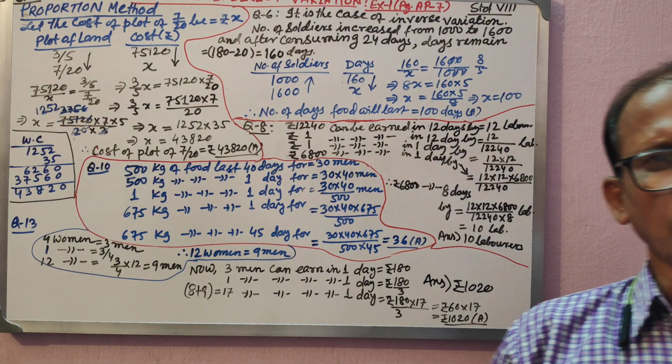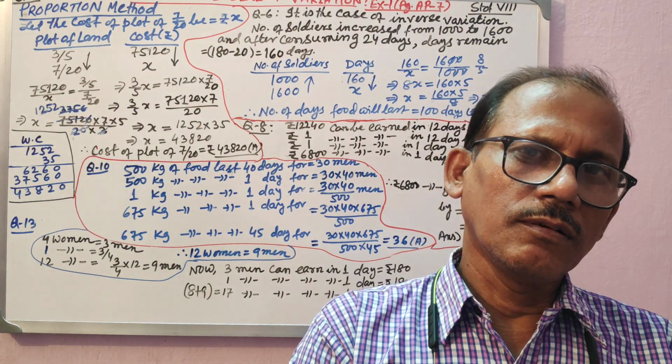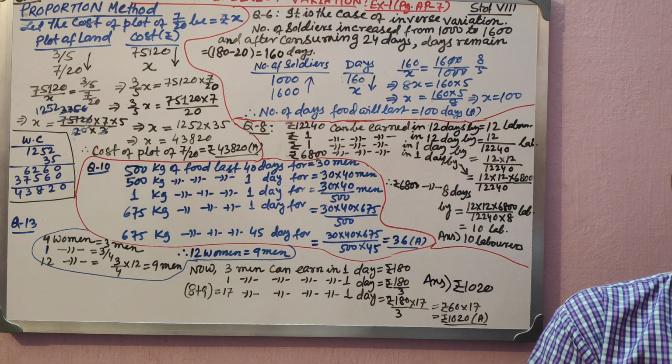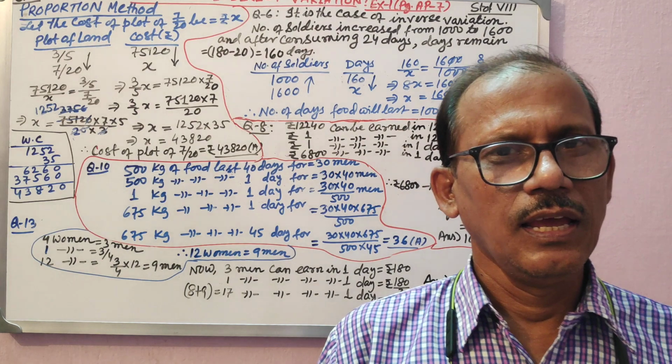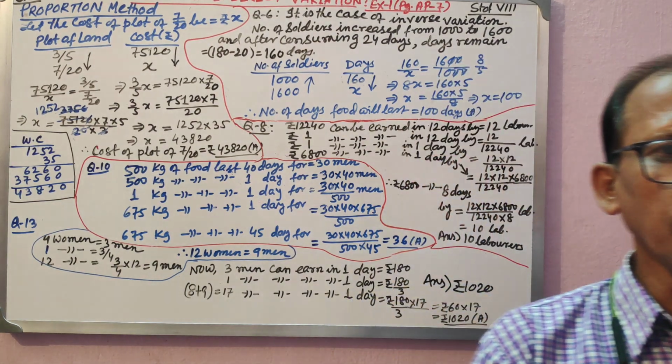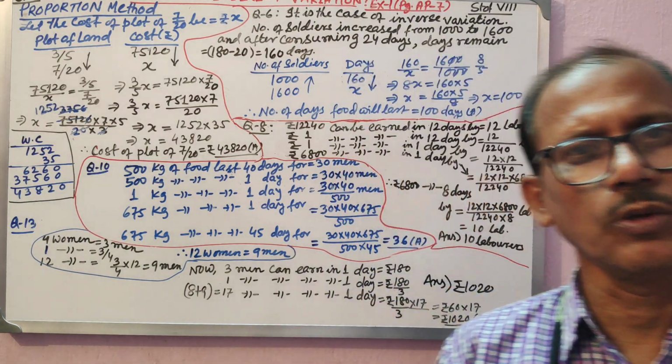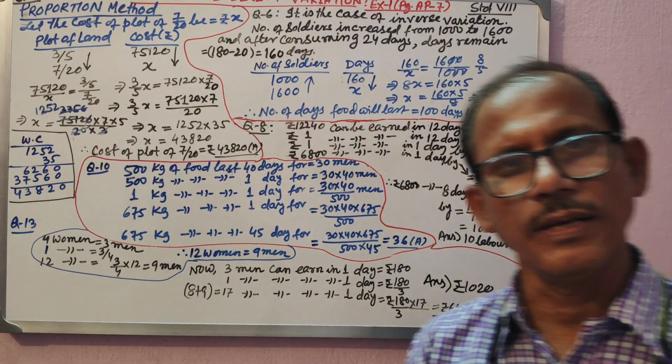That is what is unitary method. See, the cost of 12 pens is rupees 100. Will the cost of 5 pens be more or less than the cost of 12 pens? Definitely the cost will be less.